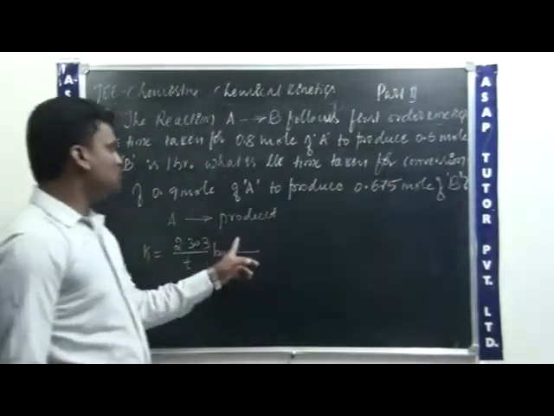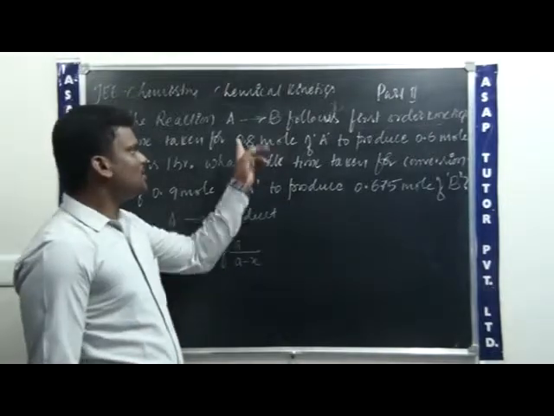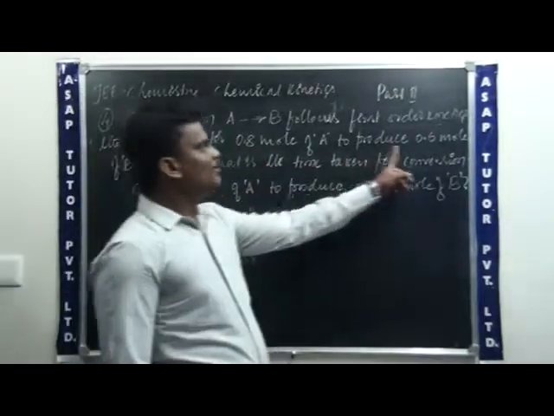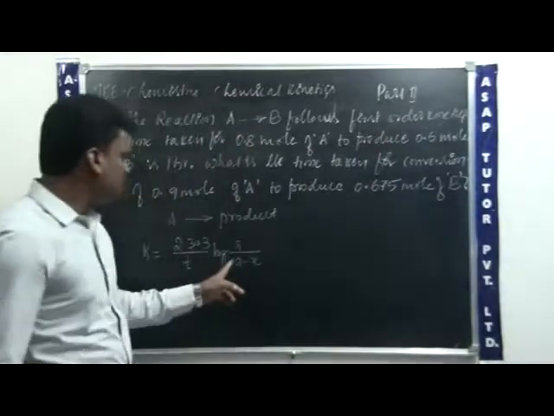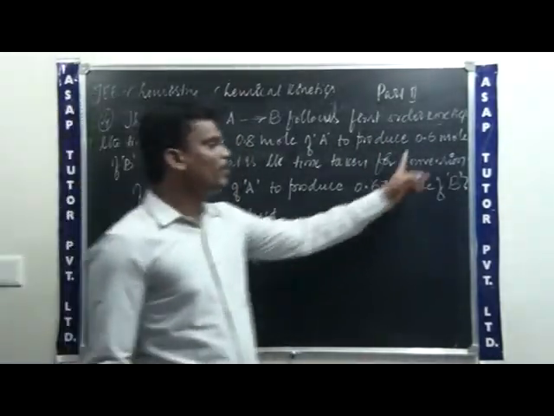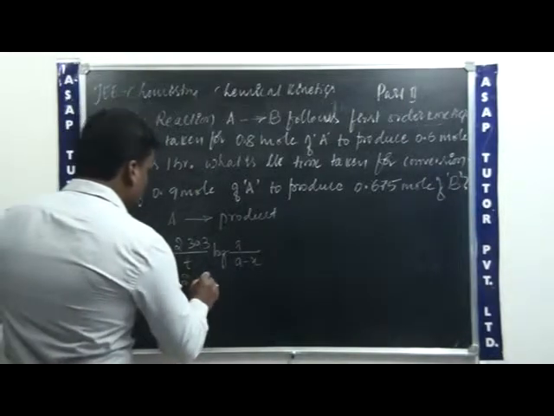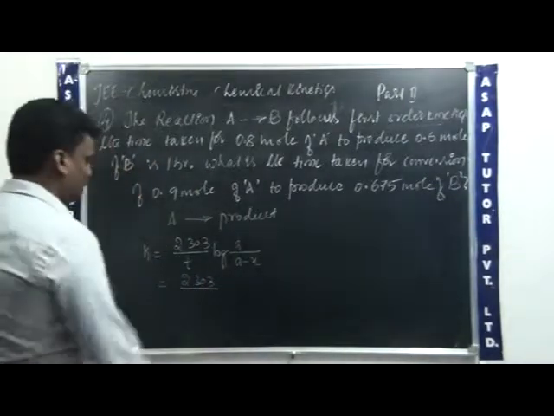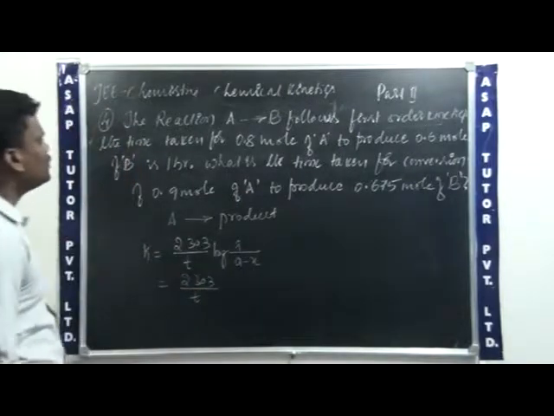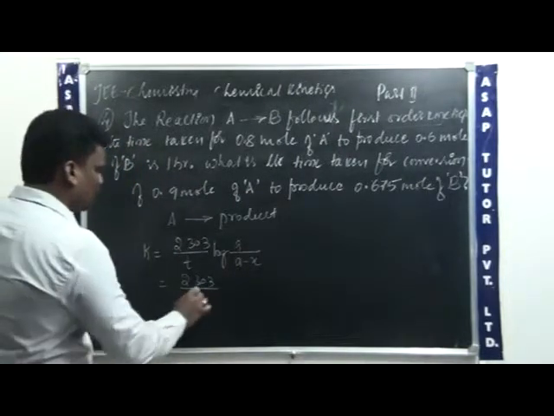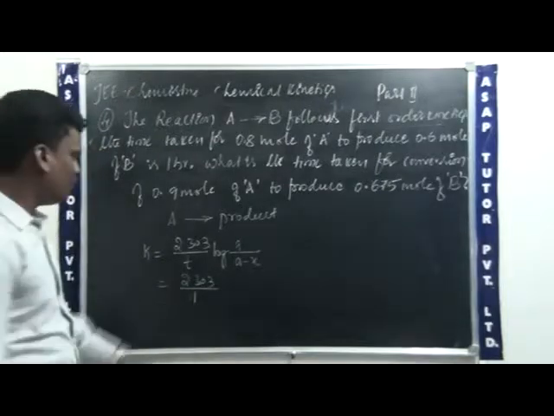Now this is the initial concentration. They are mentioning the initial concentration is 0.8. Then the converted amount is 0.6. They are not saying A minus X; X is 0.6. Therefore, 2.303 divided by T. They are saying T is 1 hour, so it becomes 2.303 divided by 1.